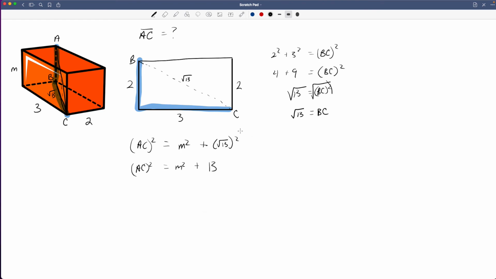Easy peasy. Now all we do is take the square root. That's as far as we can go with that. So we take the square root of everything and we find this cancels. AC is equal to the square root of M squared plus 13. Or you could have said 13 plus M squared. Either one is correct. But that is the length of AC, which would be that little diagonal from there to there, making that slice of right triangle within our three-dimensional shape.